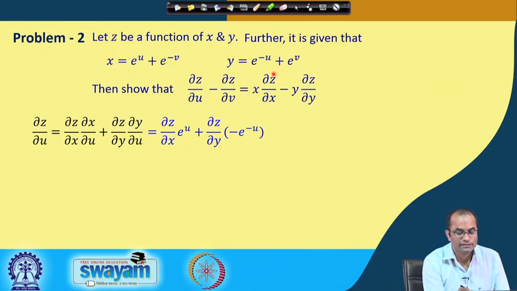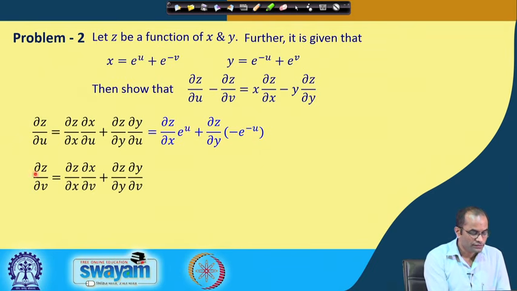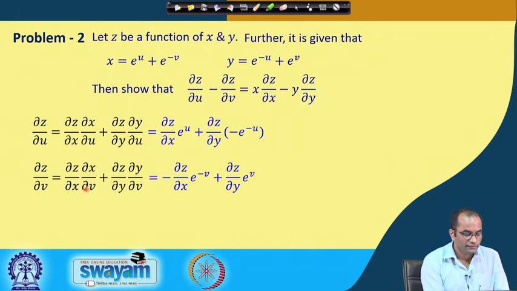The y is e power minus u plus e power v, and when we take the partial derivative with respect to u, we get minus e power minus u, which is the term here. And now the partial derivative of z with respect to v, again the similar formula, but instead of u we have v here, and then when we take the partial derivative of x with respect to v, it is e power minus v.